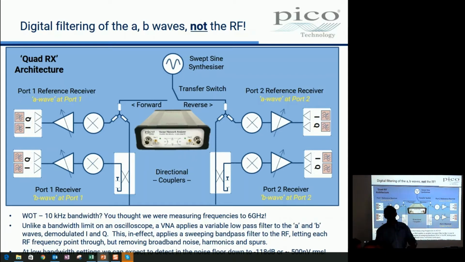It's constantly updating its network analysis into a measurement of gain or a measurement of phase or other parameters. And we apply the filter to that information, not the RF signal, not the high frequency signal. Clearly, if I applied a 10 hertz filter to 6 gigs, poof, gone, yeah, it's all gone.